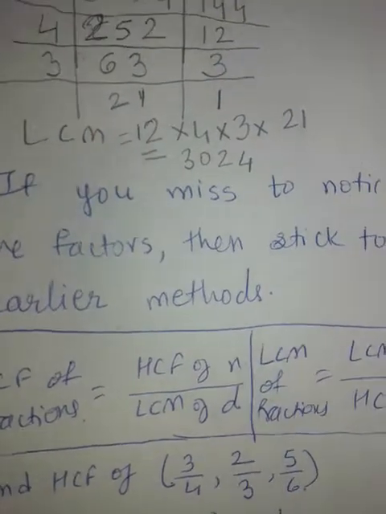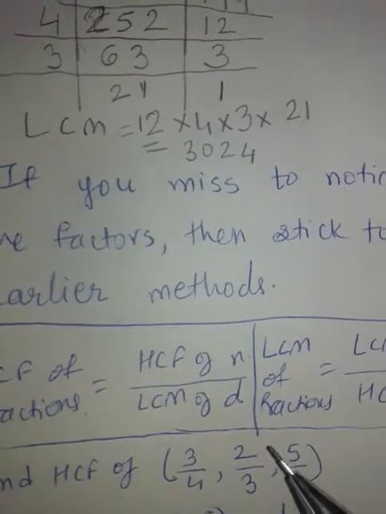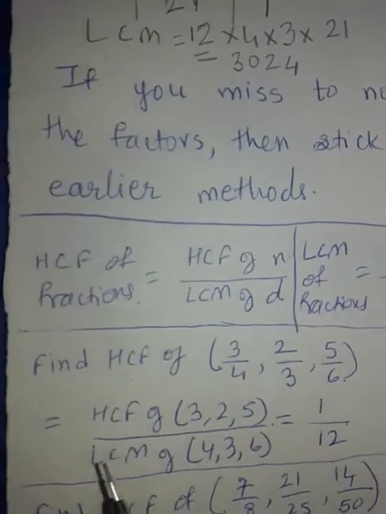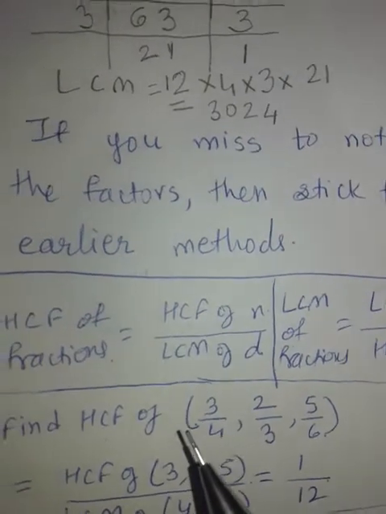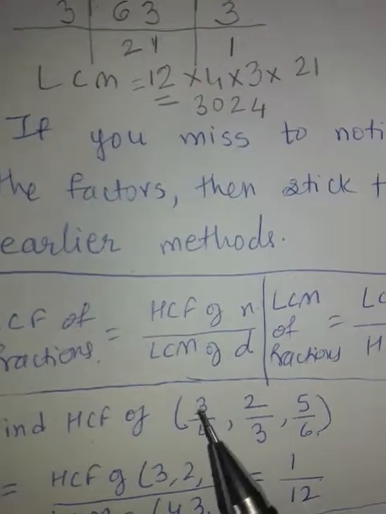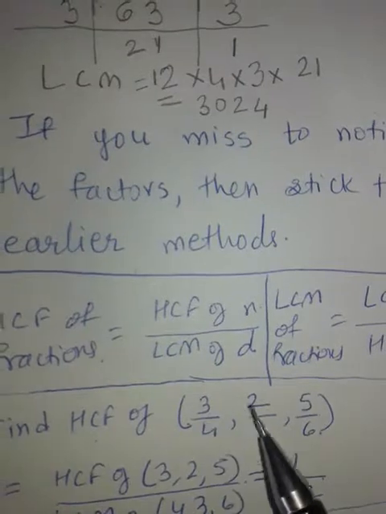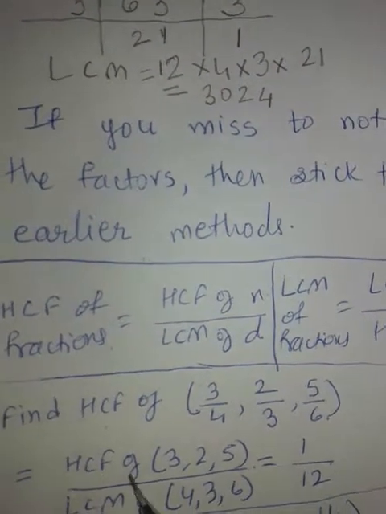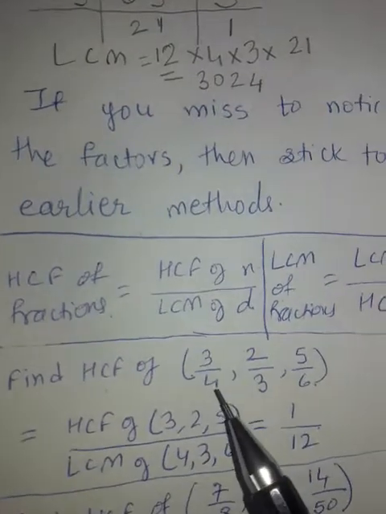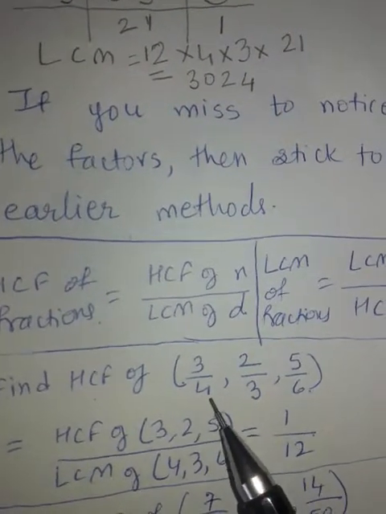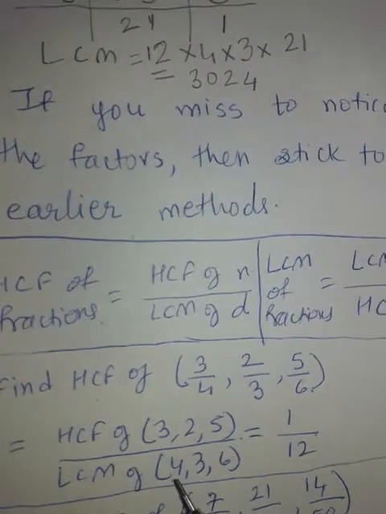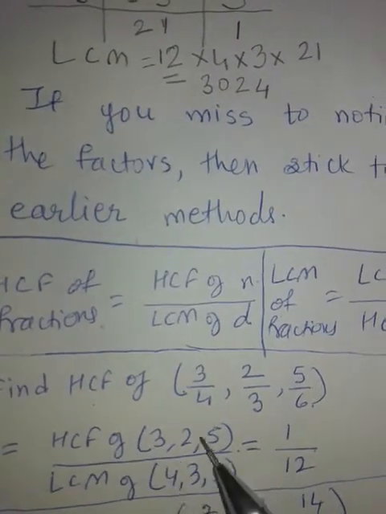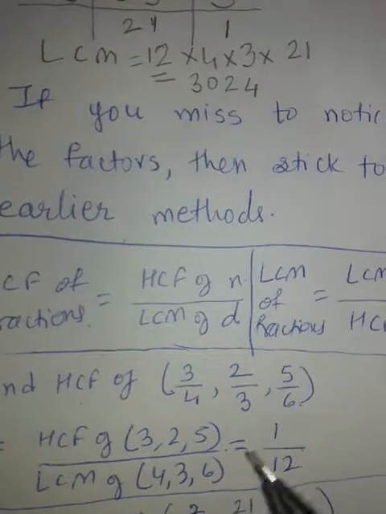Now I need to find HCF of 3 upon 4, 2 upon 3 and 5 upon 6. So for the numerator I need the HCF of 3, 2 and 5, and the denominator will be the LCM of 4, 3 and 6. Very easy. HCF of these three numbers is 1.